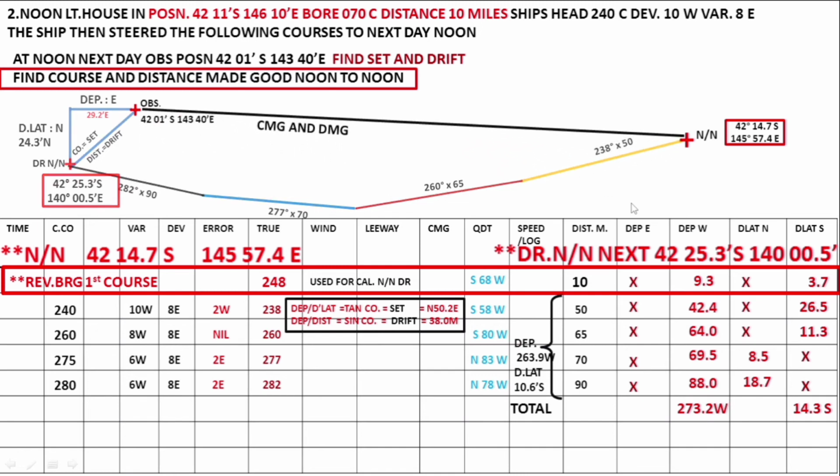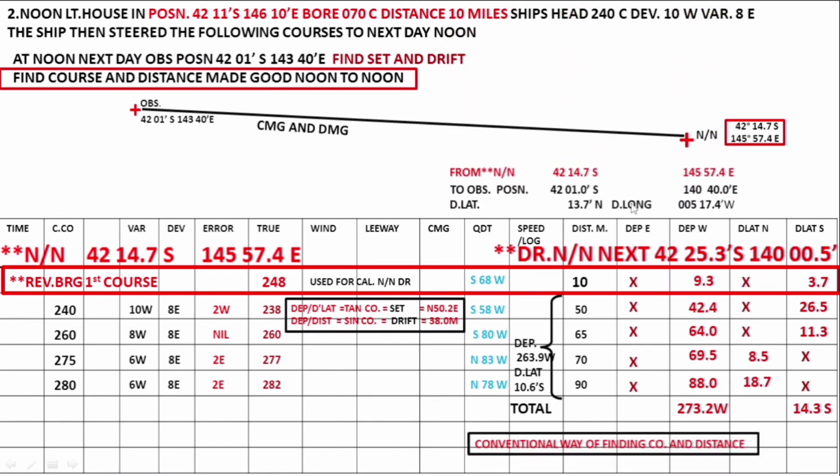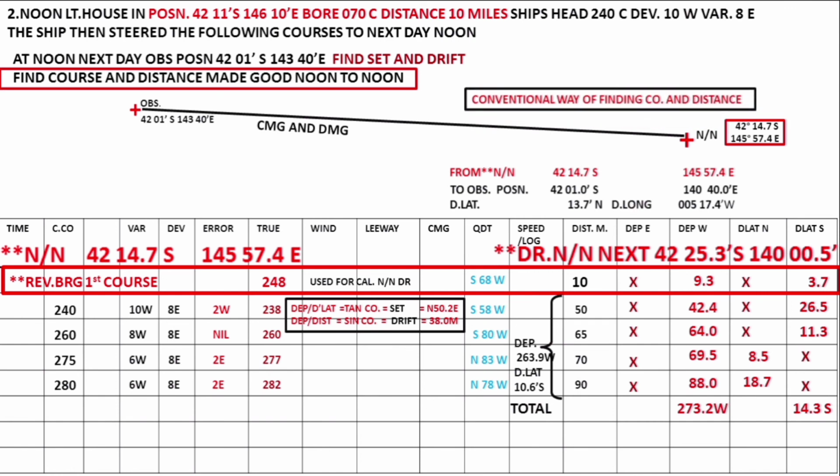So if you do it the conventional way, as we've been doing it, getting the two positions, finding out the DLAT, the D-long, and then converting D-long into departure by using mean lat, you get your departure, you have the DLAT.